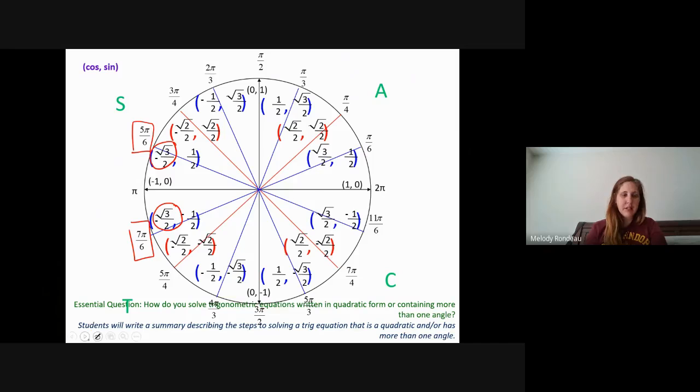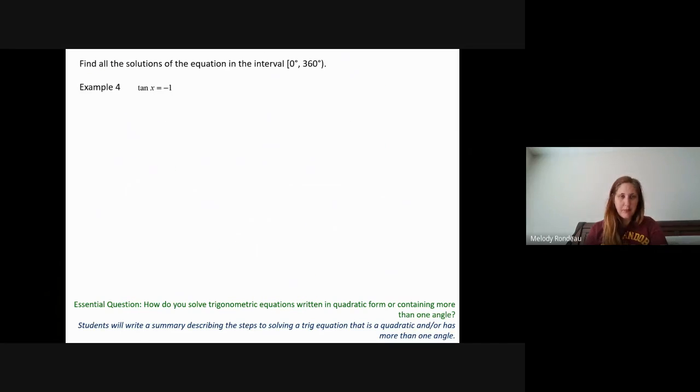All right, let's look at number 4. So this one says tangent x equals -1. Because I typically want these to be fractions or ratios, I'm going to go ahead and put this over 1. I'm going to remind you that tangent of any angle is y over x. So typically we're looking at the x and y value.